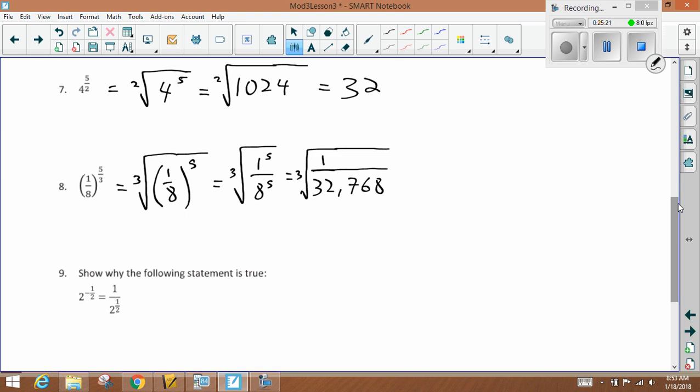Hey, I'm going to just do every little step. That's the cube root of 1 over the cube root of 32,768.